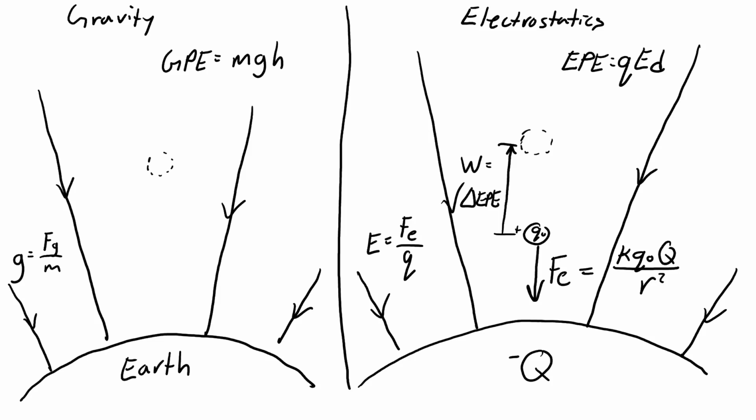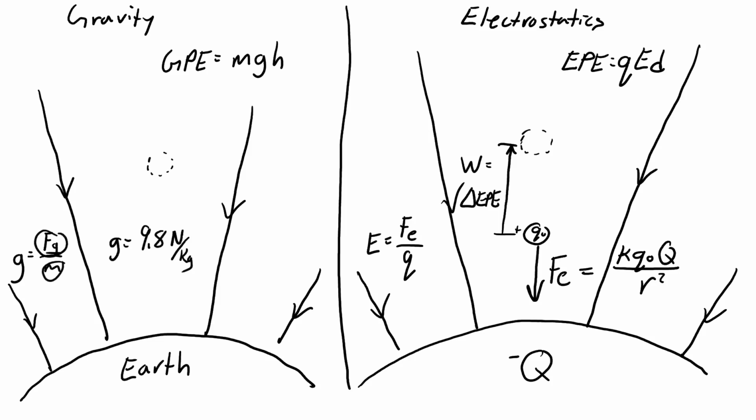We have a way to measure the strength of the field. We say, well, if you were to put something here, you would feel this many newtons of force for every kilogram of mass that you have there, right? So if the field strength is 9.8 newtons per kilogram, that's a force per mass.